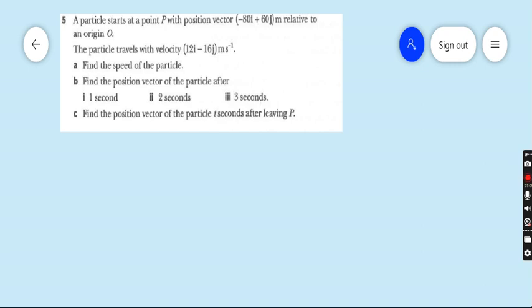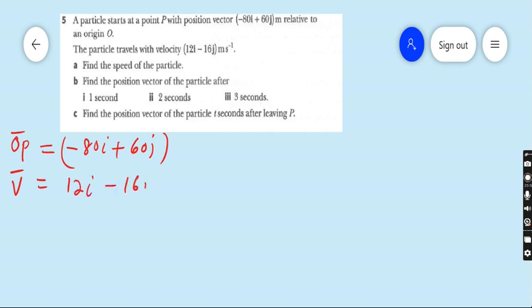So it is given as OP. OP is minus 80i plus 60j. The particle travels with a velocity vector 12i minus 16j meters per second.